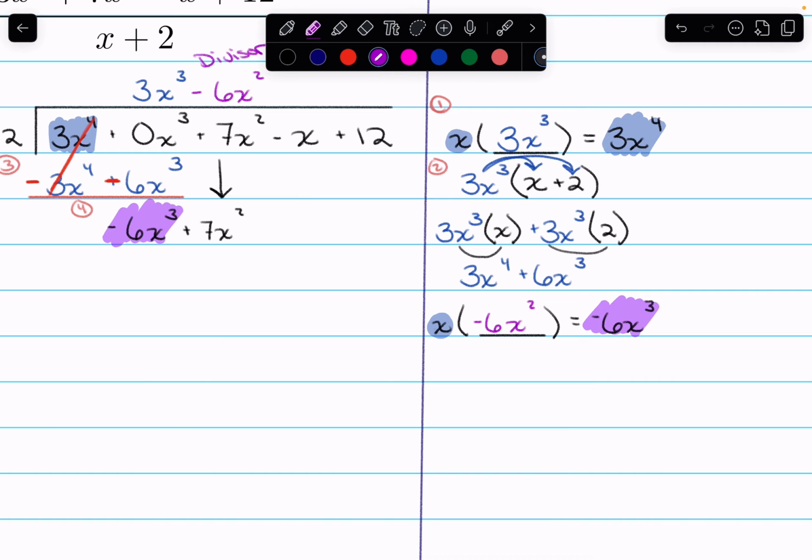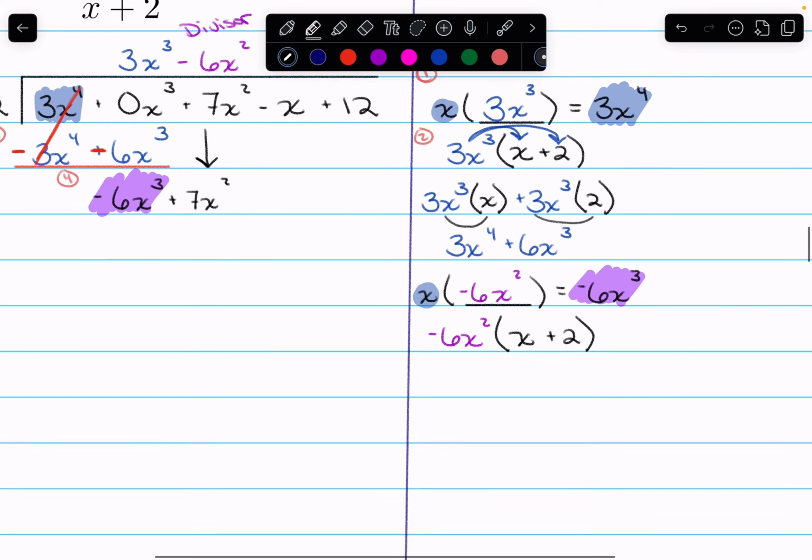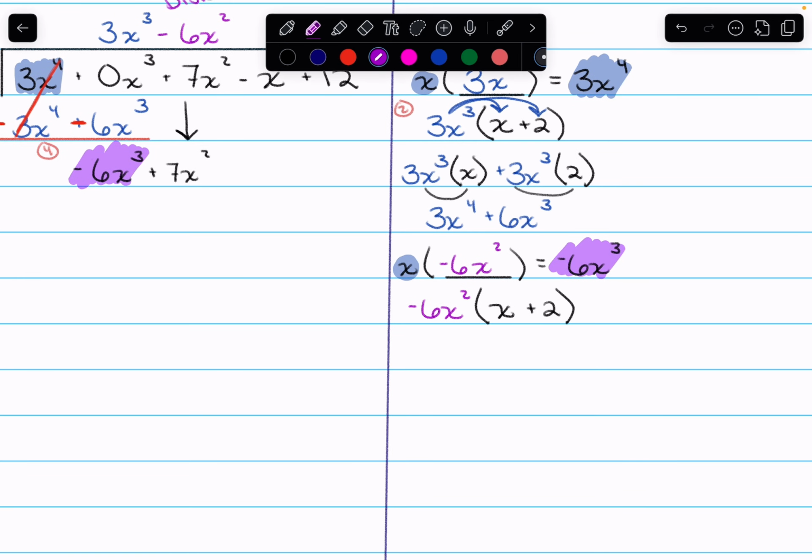Step 2, you take the answer from step 1 and we multiply it by the entirety of the divisor. So the whole thing, x plus 2. Now we're going to distribute and clean up. So negative 6x squared times x. And then a negative 6x squared times 2.